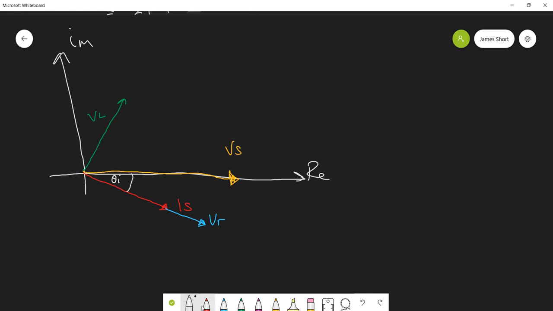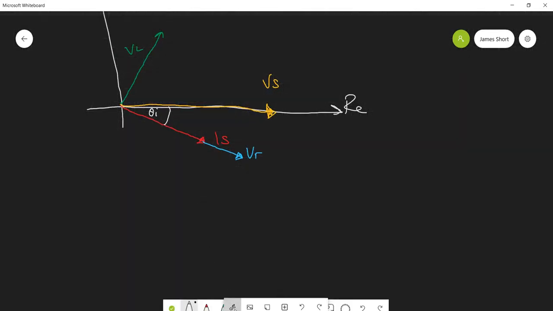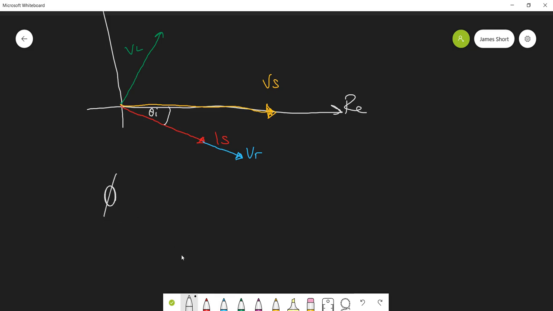And what we also have is theta I. What we can do is calculate phi, the impedance angle, which we already have, but we'll just do this so it's clear. That's the phase of the voltage minus the phase of the current. Phase of the voltage, 0, and we're taking away the phase of the current, which is minus 17.44.